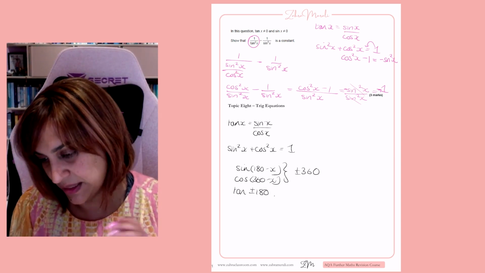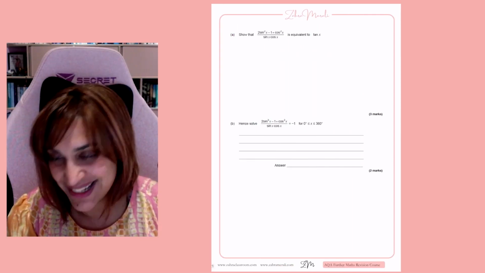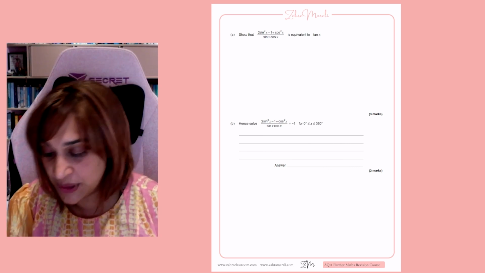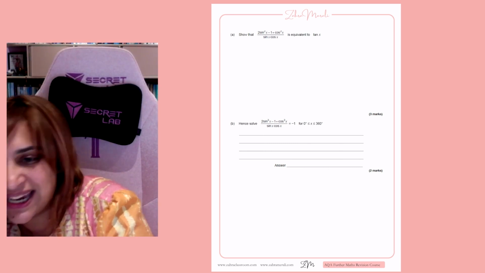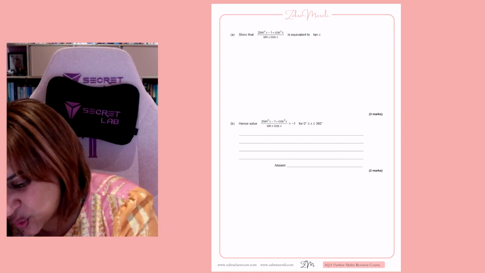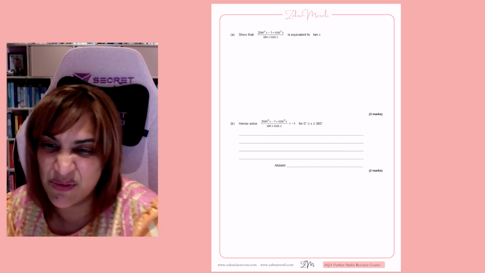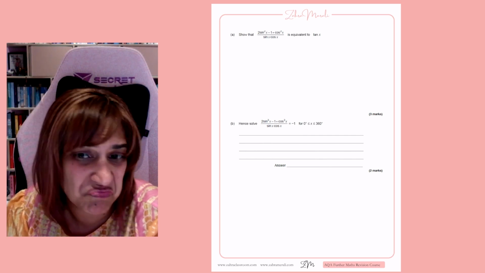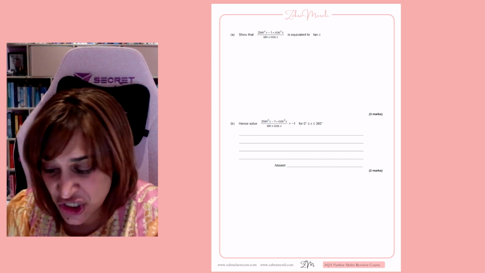Okay. So we want to show that. So this is another proofy one. We know our formulas. And we sort of go, I'm not really sure, but I kind of want to get rid of the minus 1. So sine squared, but I don't know, there's a few ways you could do it.